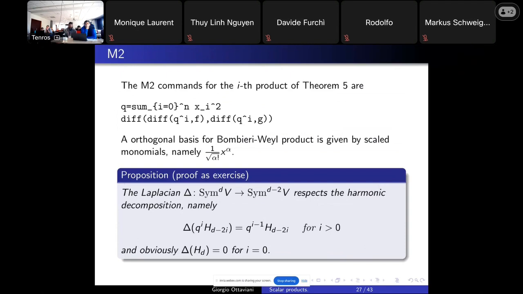You see, if you have Macaulay2, you define Q, and this defines a formula that computes all the scalar products I defined by changing I. So you first differentiate F, you first differentiate G, and then again you differentiate all this.